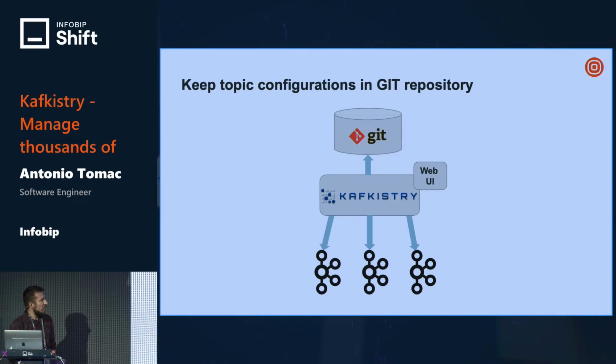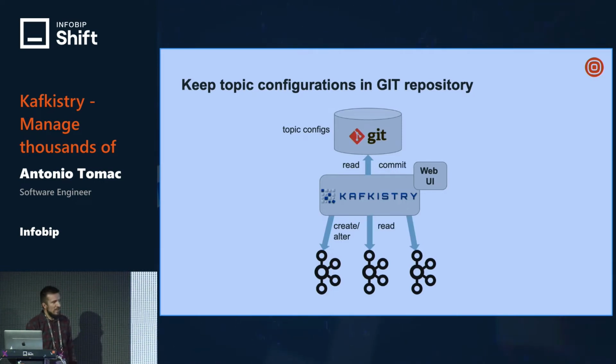And we started with the basic idea that we store topic configurations in a Git repository, which would then act as a source of truth for the desired configuration of all topics across all our clusters. And from there, we would have a tool which could read this repository, and after that, apply needed configuration across all clusters where each particular topic is needed.